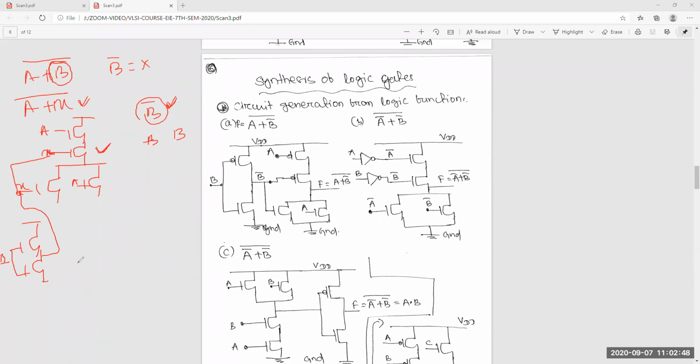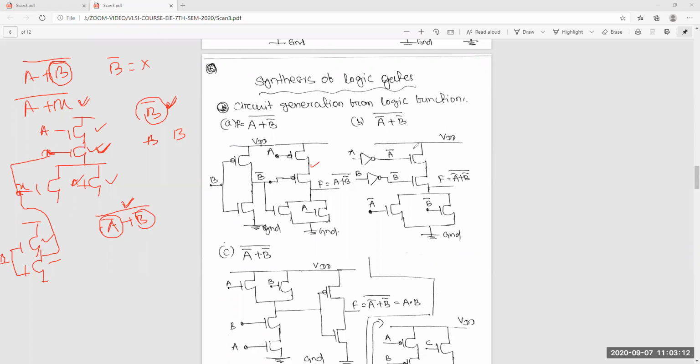Got the point? After that, you will count the transistors. How many transistors are there? This is 2, this is 2, 4, and this is 2, 6. Similarly, a bar plus b bar. Here, suppose this is x, this is y, and this is a NOR gate.